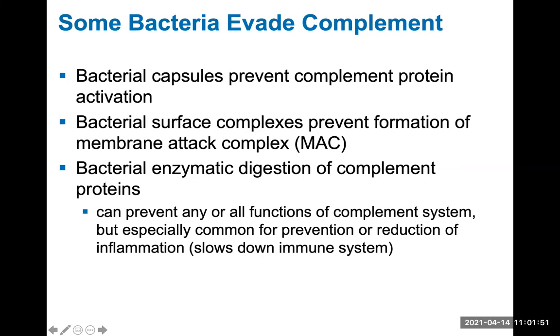Certain bacteria have special surface proteins that will actually prevent the membrane attack complex from forming, so that C3a will split into all those additional proteins, but those little proteins will not be able to embed into the plasma membrane of the bacteria that have those specialized complexes to prevent it.